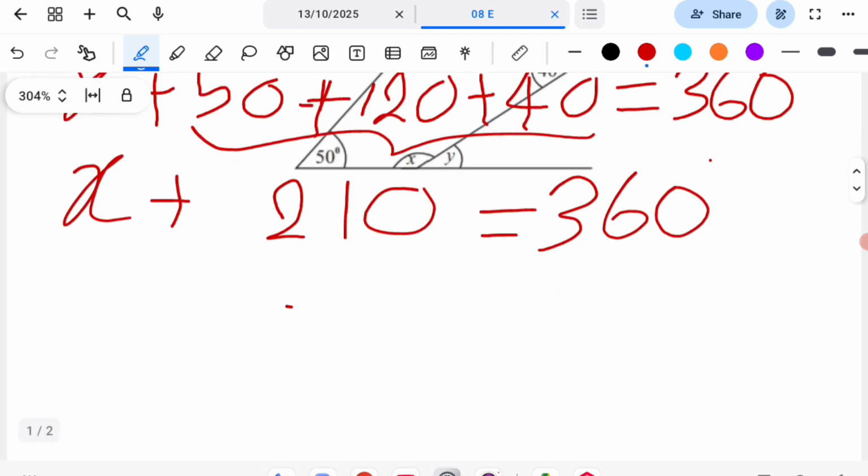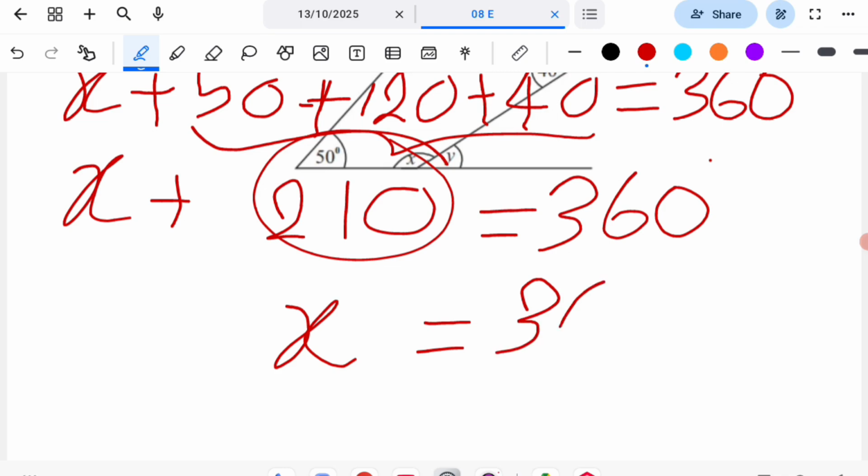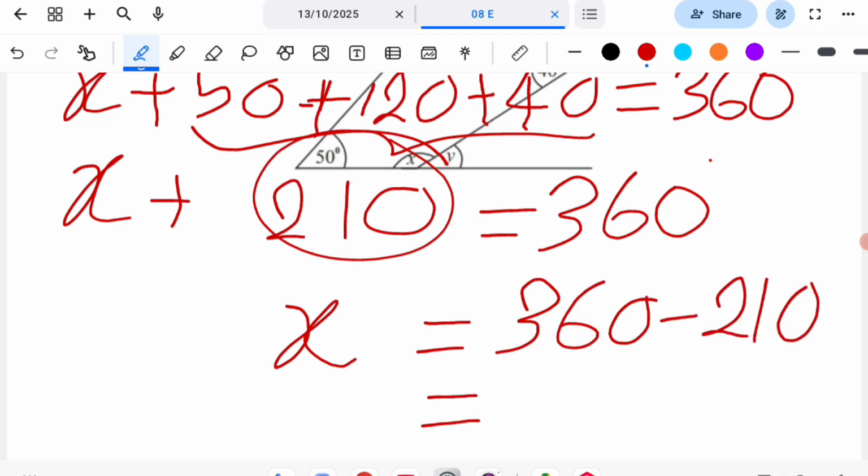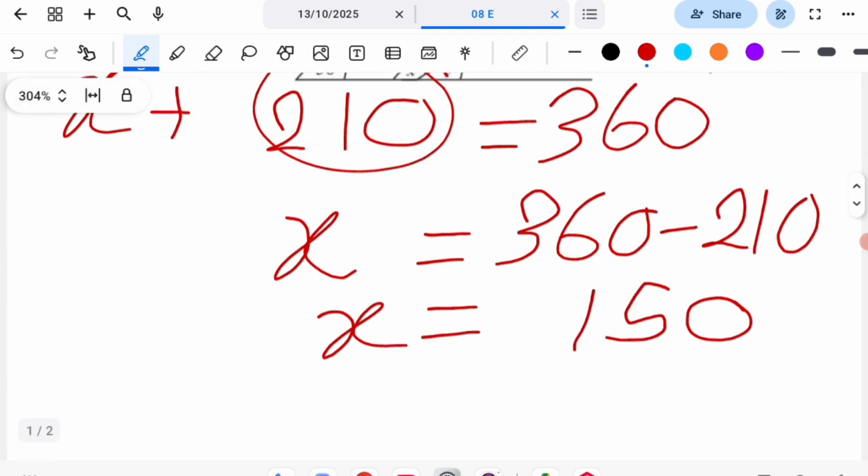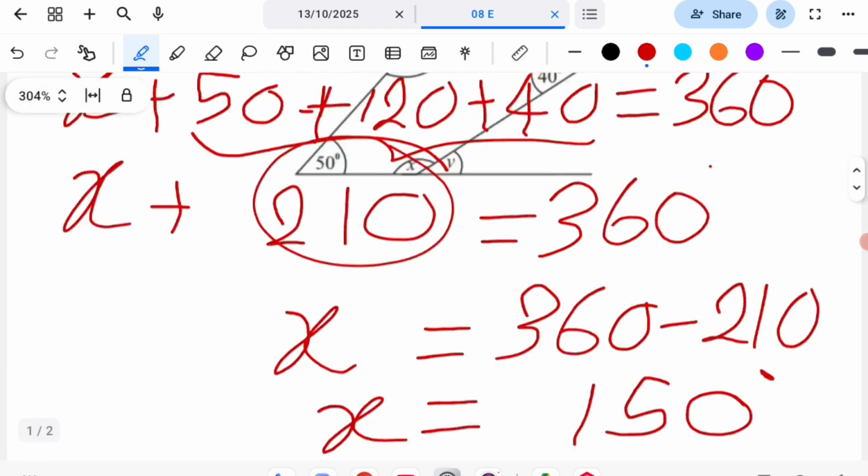Then we bring 210 to the right hand side as a minus term. 360 minus 210 is 150 degrees. That is the x value.